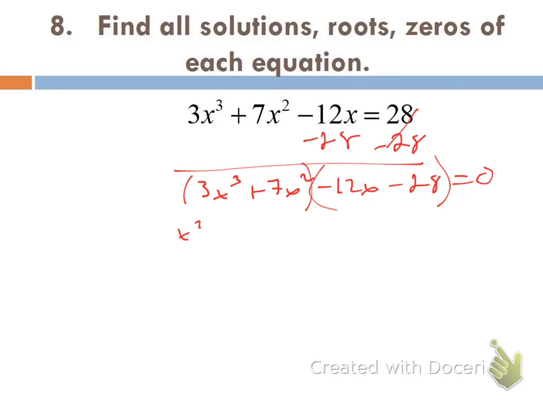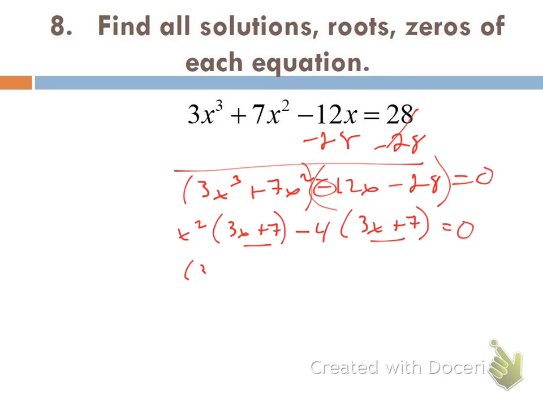So we're going to factor out an x squared here, and we get 3x plus 7. And then we factor out a negative 4, it looks like. Remember, we always factor out that guy. And so we get 3x plus 7 here. And this only works as long as our parentheses are the same, and they are.